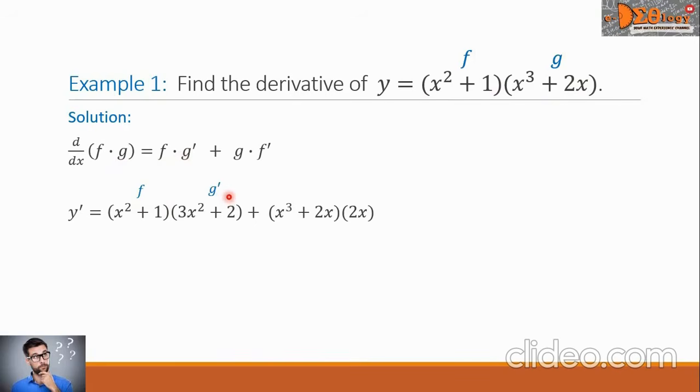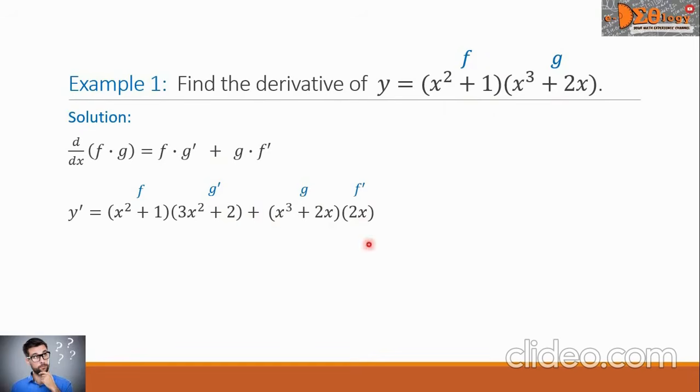So this is the g prime, and we have here 3x squared plus 2. Then plus, we write the g, that is the second function. So we have here x cubed plus 2x. Then multiply by the derivative of the first function. So we have here 2x.